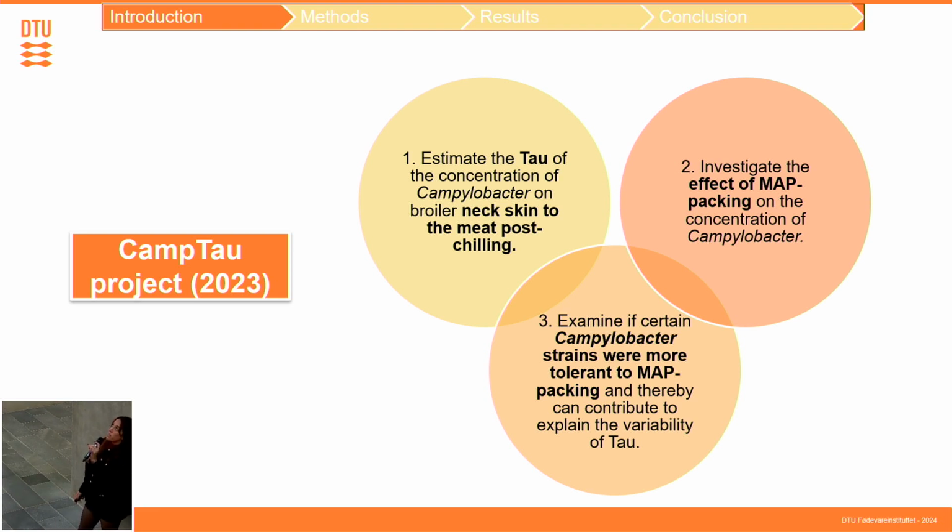Then we wanted to see the effect of the MAP packing, whether it really reduced Campylobacter. And the third was to check whether any strains of Campylobacter were more tolerant to the MAP effect and refrigeration, which could make tau variable.